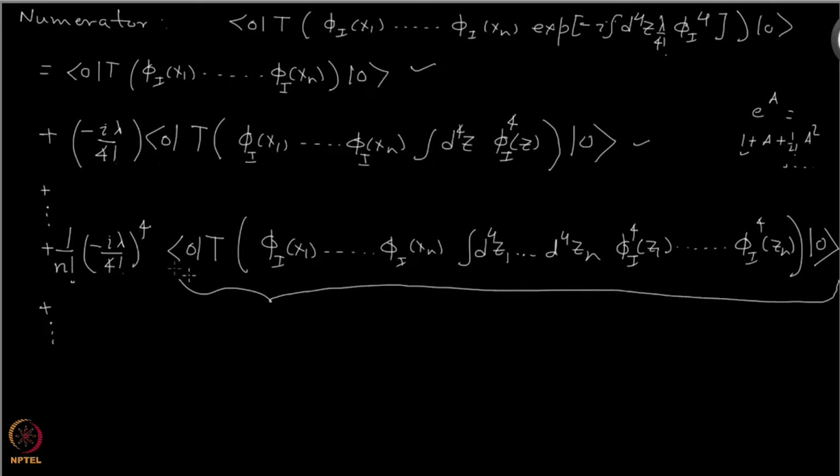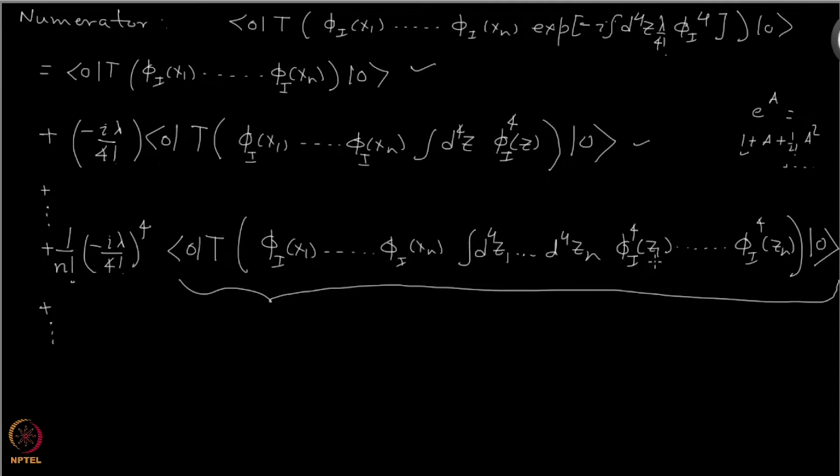Apart from these integrals and some factors, it is just the expectation value of a time-ordered product of a certain number of fields, in which some fields are at spacetime points which you decide, you choose the external points x1, x2 and xn, and some others are internal points.